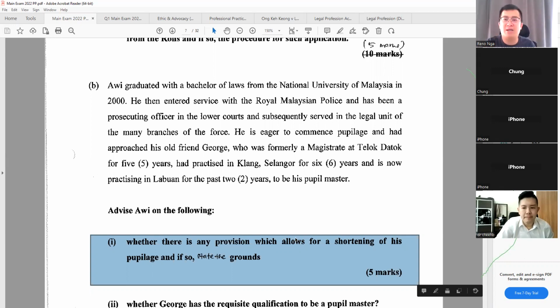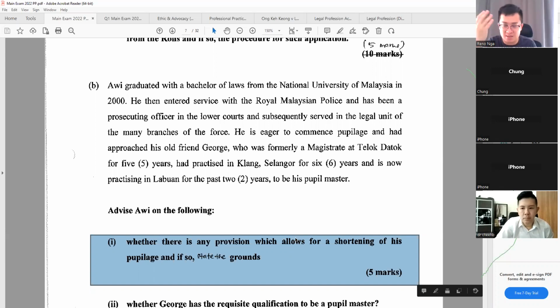All this actually usually apply to those we call judicial and legal services. Again, I stand to be corrected. My understanding is that magistrate, sessions court, DPP, they all are under judicial and legal services. So that's why you can see cases, or you study criminal, the judge can become magistrate, then suddenly transfer to become DPP. So all these people, because they are under judicial and legal services, they are not lawyers.